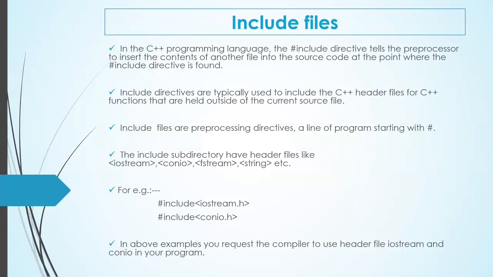In the C++ programming language, the #include directive tells the preprocessor to insert the contents of another file into the source code at the point where the #include directive is found. Include directives are typically used to include the C++ header files for C++ functions that are held outside of the current source file.